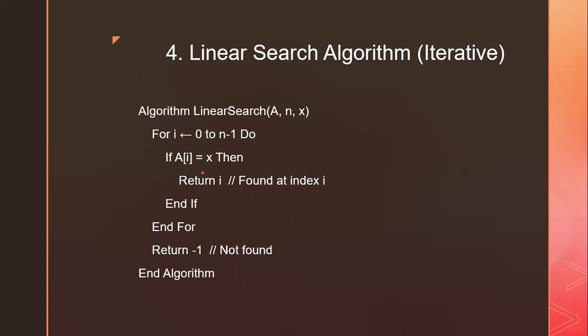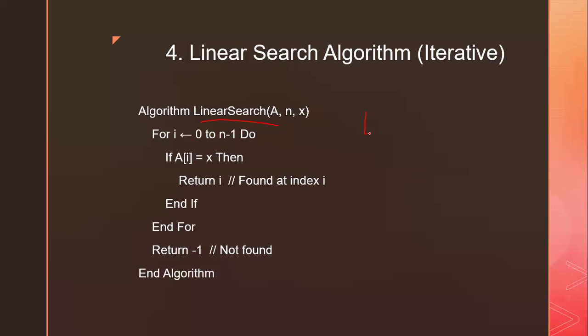Okay, so here again we have our algorithm, with our parameters a and x, and a is our array, right? In the linear search algorithm, we're getting an array, a number n, and a value x. So for I equal to 0 to n minus 1, this is for arrays.